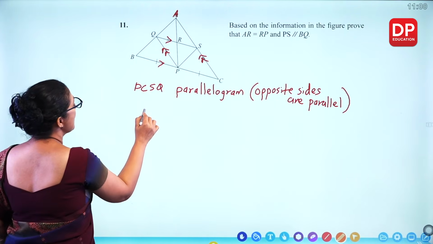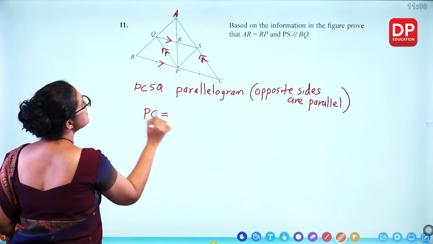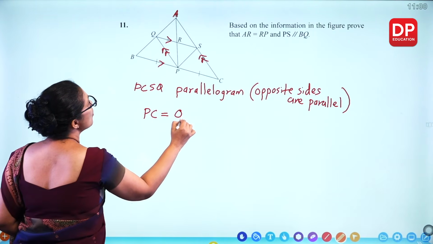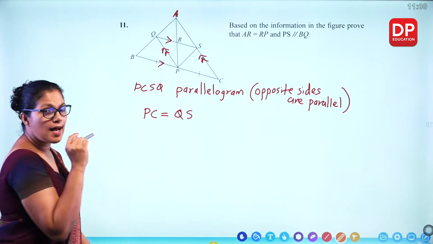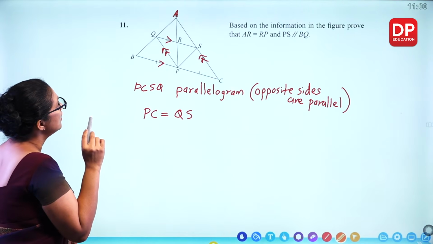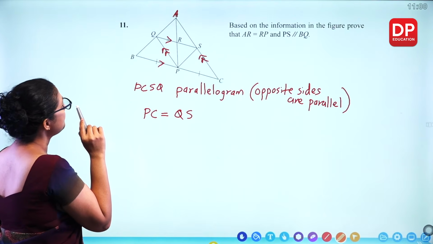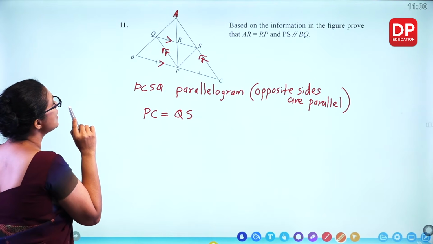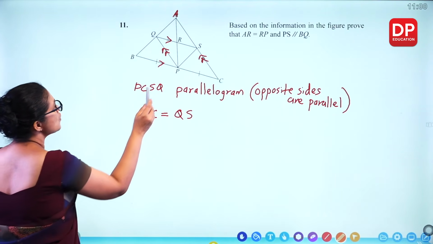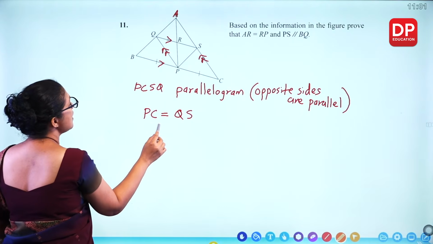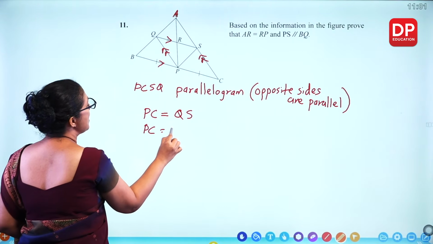Then we can write PC is equal to QS. Opposite sides are equal. And also QS is equal to BP as well. So PC is equal to BP.